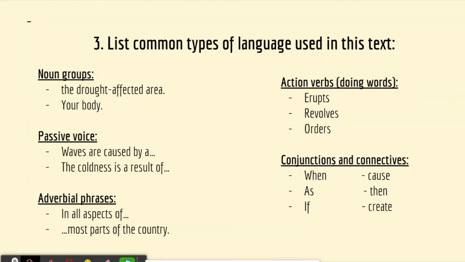It also uses adverbial phrases, in all aspects of, and most parts of the country. It also uses our doing words, our action verbs, erupts, revolves, orders. And it also uses a range of different conjunctions and connectives, like when, as, if, cause, then, create.